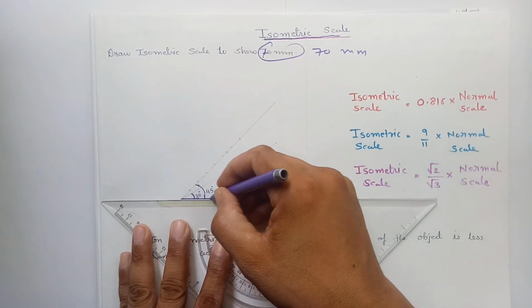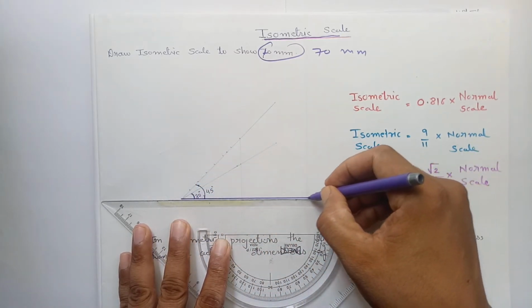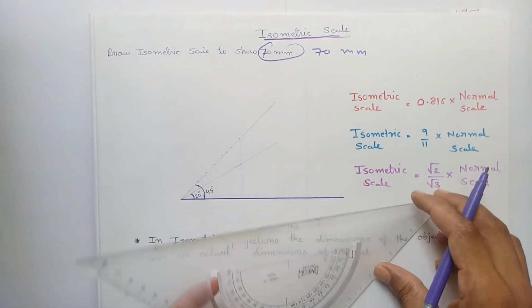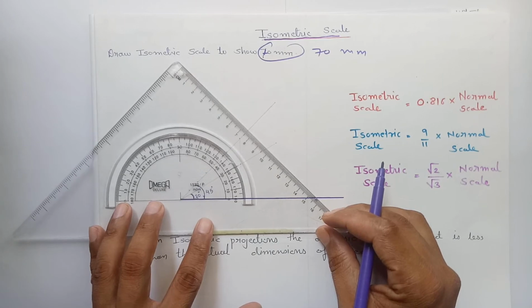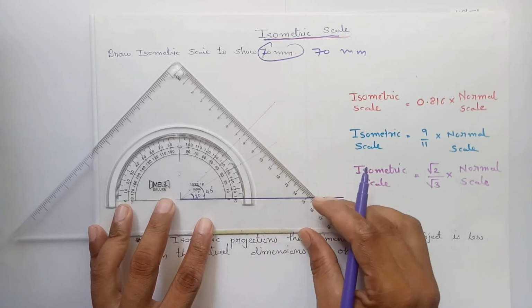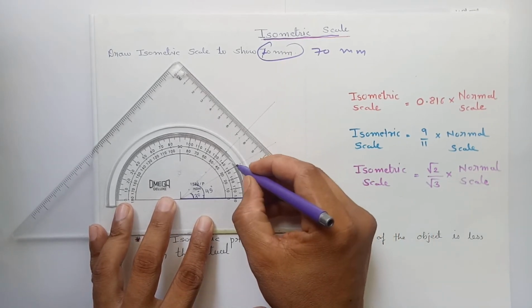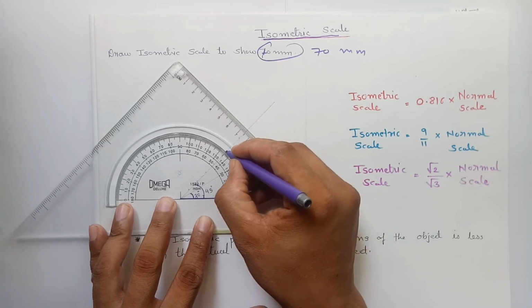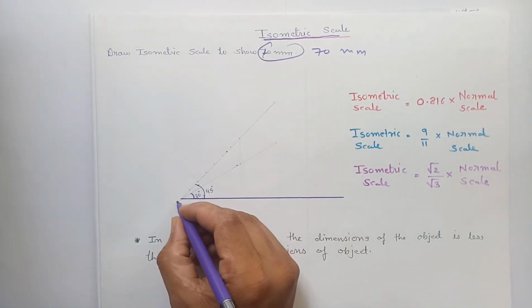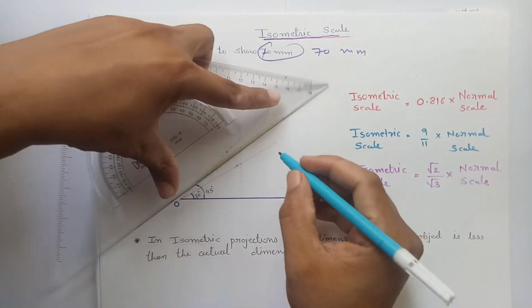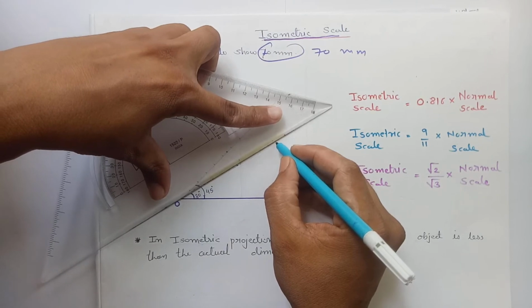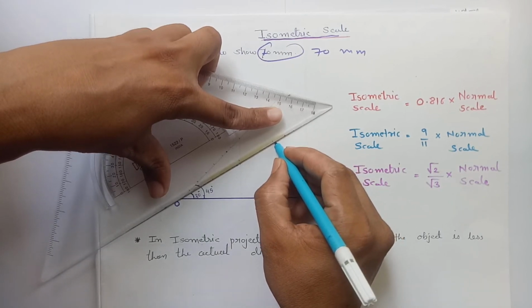For that, first of all, draw a horizontal line. Then measure two angles from this line. One is the 30 degree angle and the second is the 45 degree angle. Let us say that this is O. Now draw one line inclined at an angle of 30 degrees, which we have measured already.